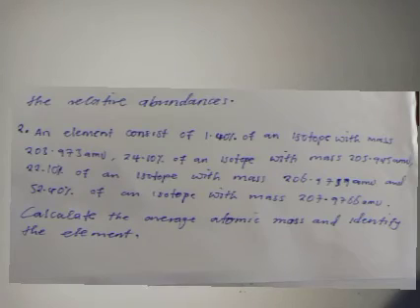Okay, if you try to refer to the question which is given, this is the question we're talking about. Read it through before I continue solving. Okay, let me try to solve now.